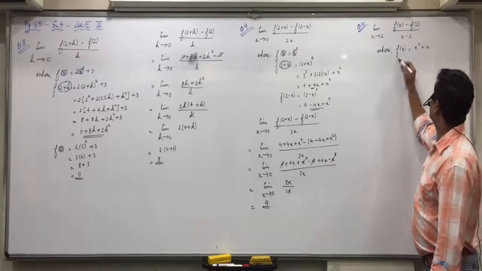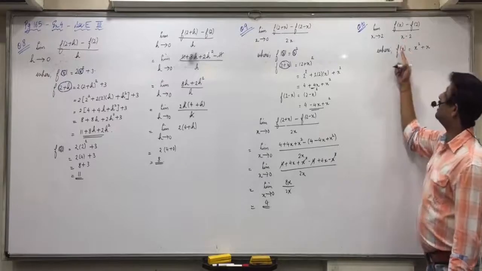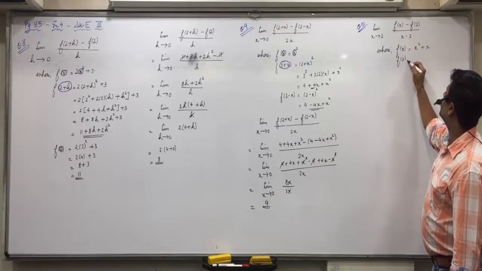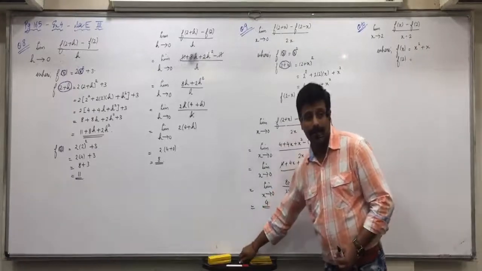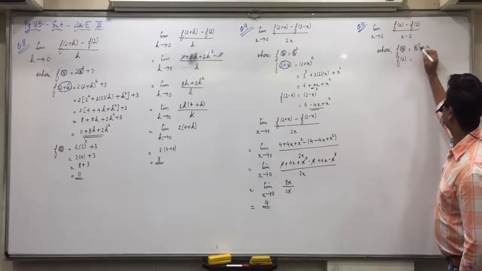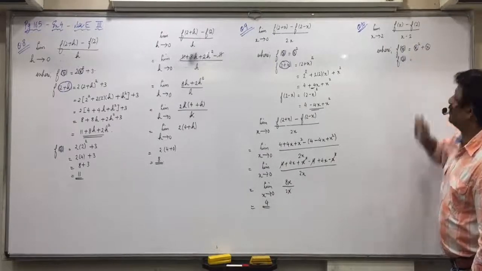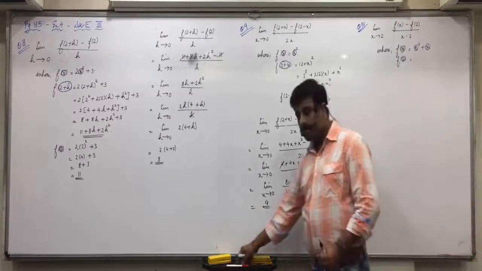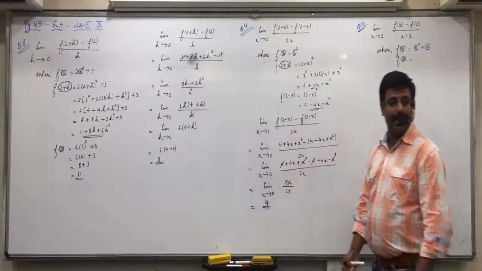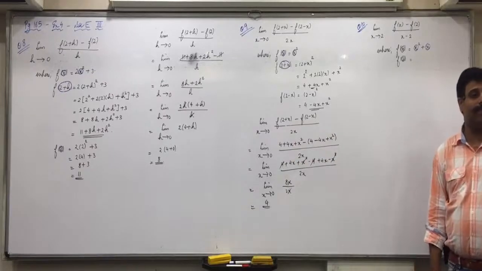First of all, f(x) is directly available, so we just need to find f(2). Wherever there is x, you have to substitute 2. Is it so difficult?